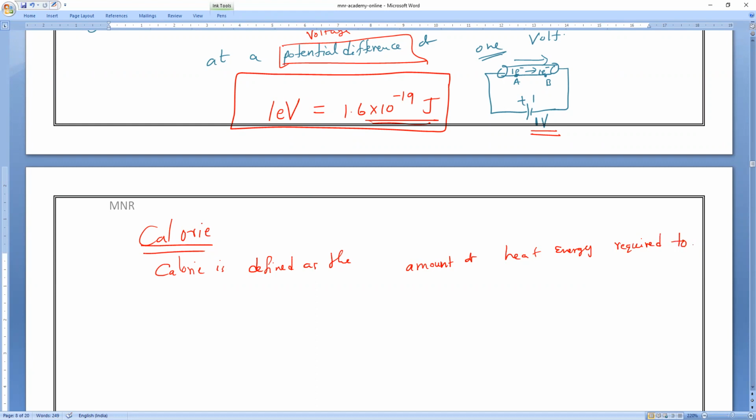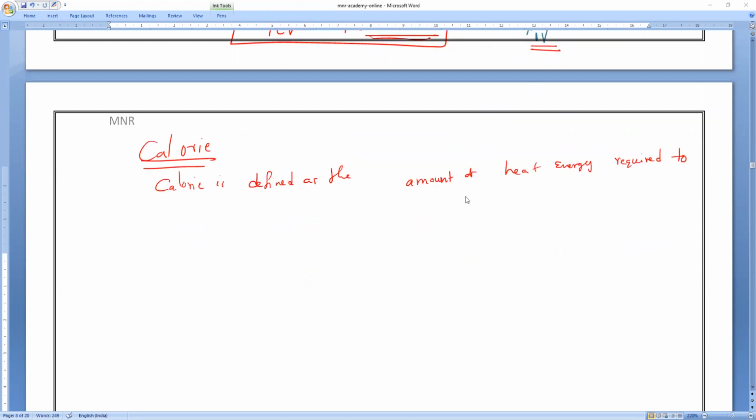We already studied in chapter 1 chemistry. Can anybody tell me what the energy required to raise the temperature by 1 degree is called? It starts with L. Latent heat of vaporization, latent heat of fusion. Have you studied?